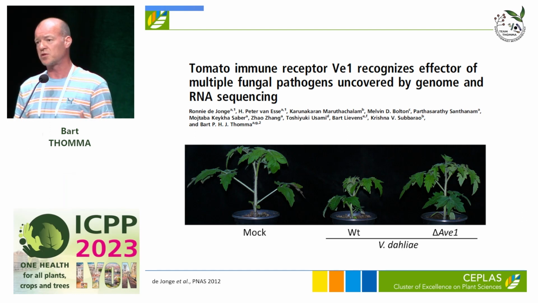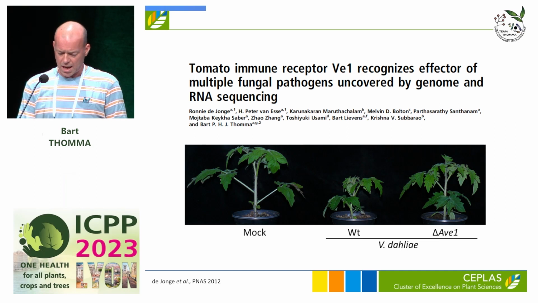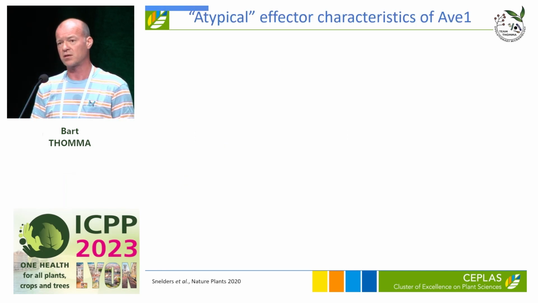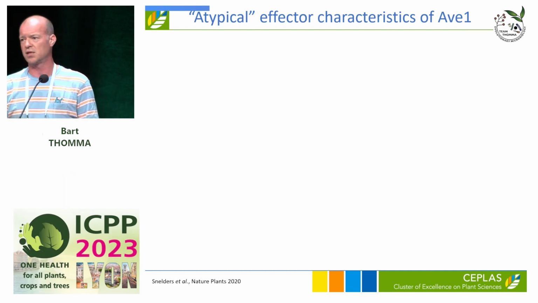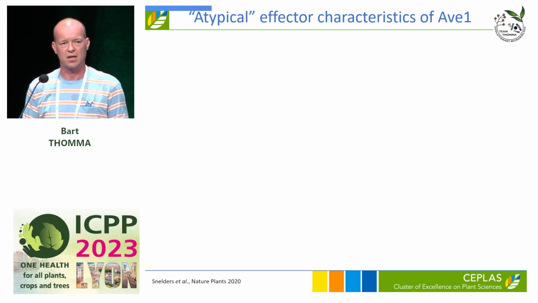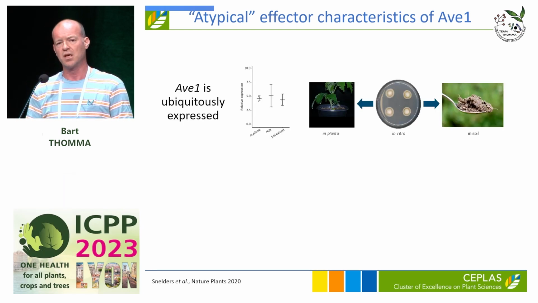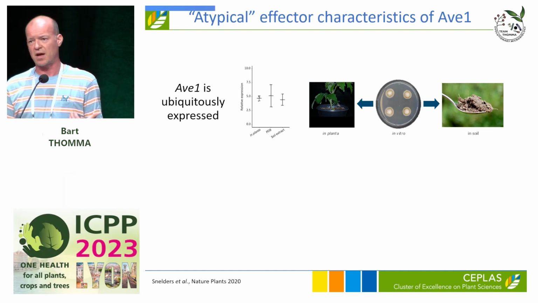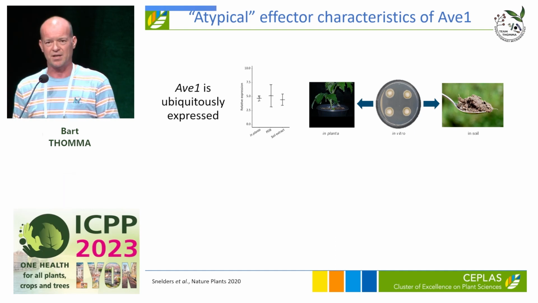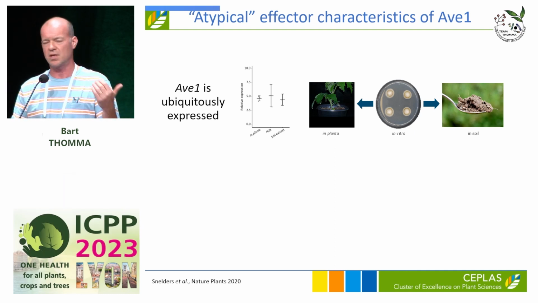We spent a lot of time trying to find out what this effector does, and we basically failed to find a function for it. At one moment we realized that in all the assays that we did, there were some hidden messages telling us we were on the wrong track. The first message is that whereas we typically think that effectors are strictly in planta induced and not induced outside the host plant, for Av1 we found that it's constitutively produced.